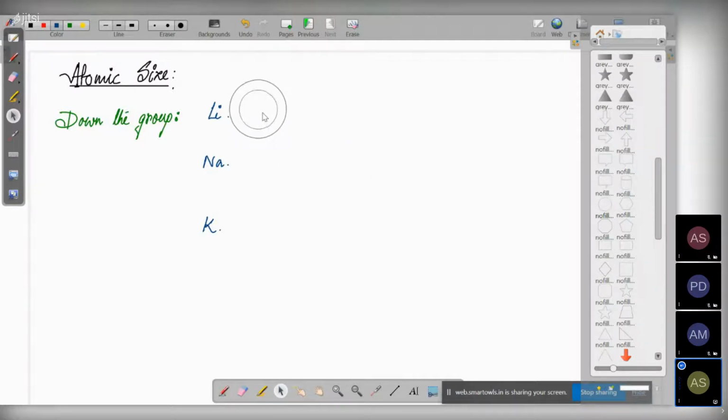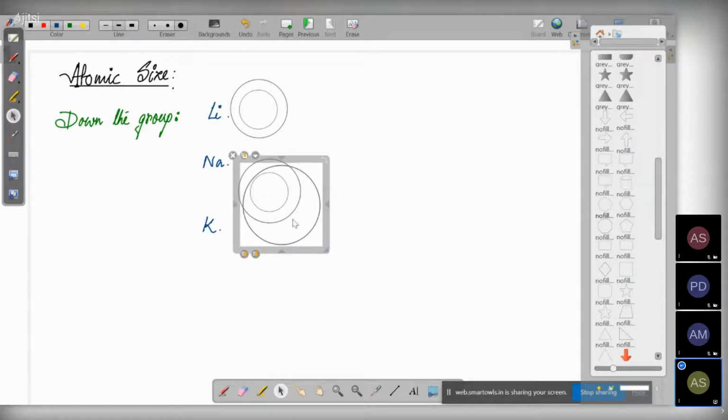This is your lithium. Lithium has two orbits. Okay. For sodium, if I take sodium, it will have three orbits. Structure of sodium. Right.